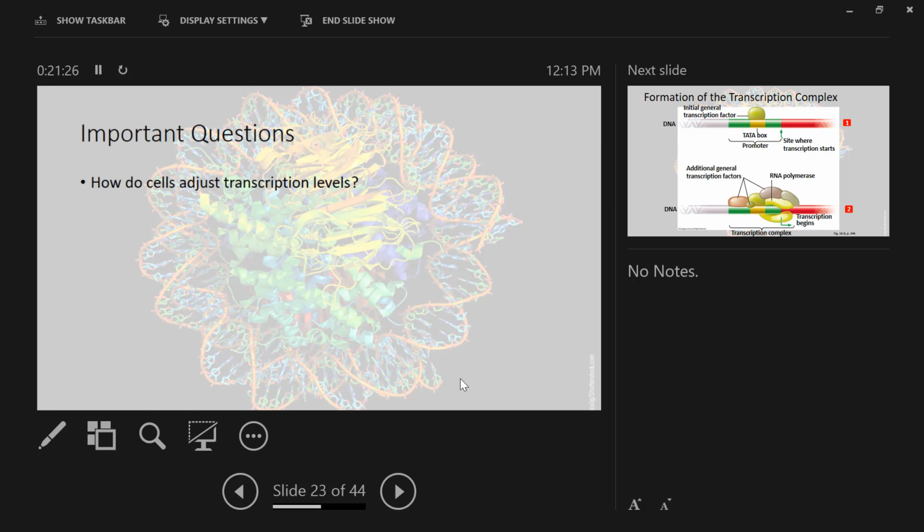So you either need to tag it for destruction so that it doesn't get translated, or you could chemically modify it so it loses the 5' untranslated region. Remember we talked about that, the upstream that signals it where to bind to the ribosome. Or you have RNAs that are made of nucleic acids, and nucleic acids like to make hydrogen bonds with other nucleic acids, right?